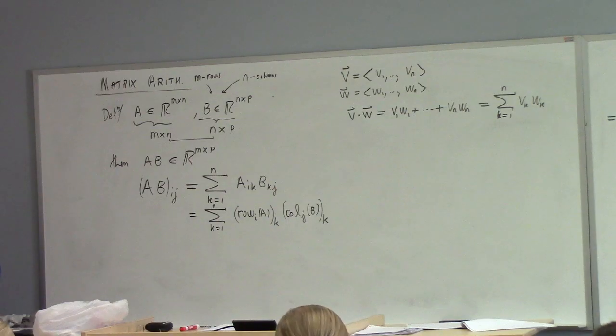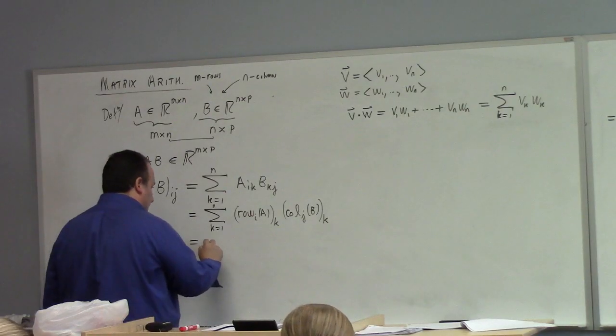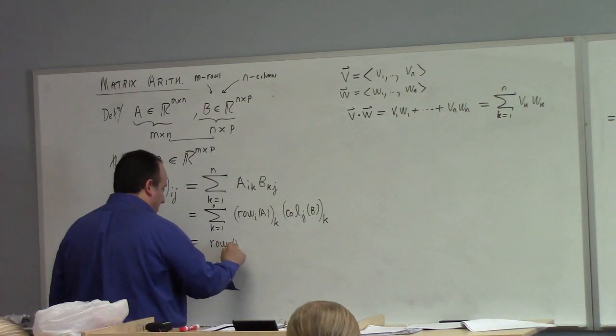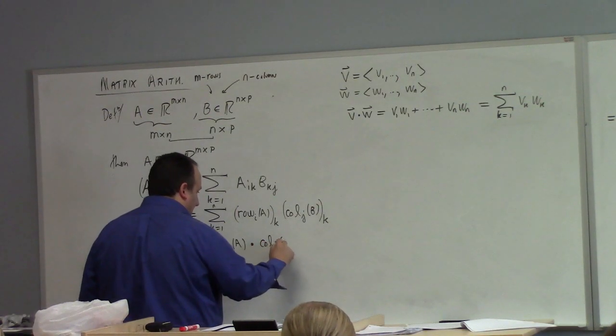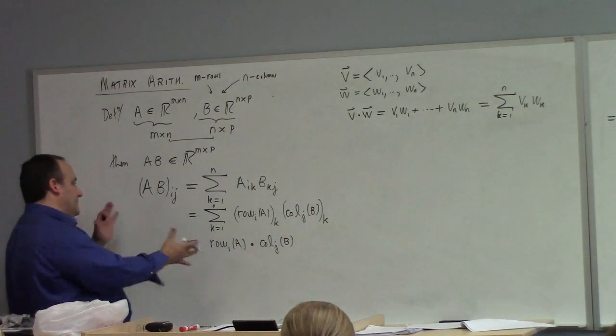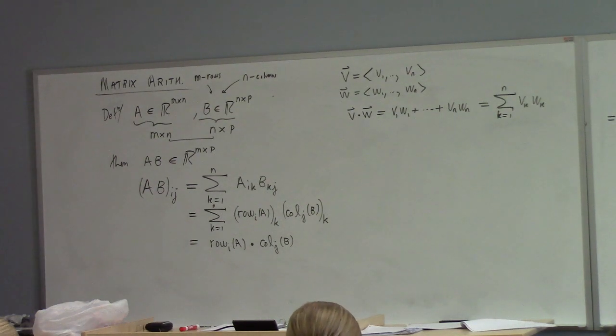So it's matching components of the row on the left and the column on the right in the product. But that's a dot product. That's nothing more than the dot product of the ith row with the jth column. So as a matter of calculation, this is a pretty nice way to look at matrix multiplication. It's just taking a bunch of dot products of rows of the left thing with columns of the right thing.